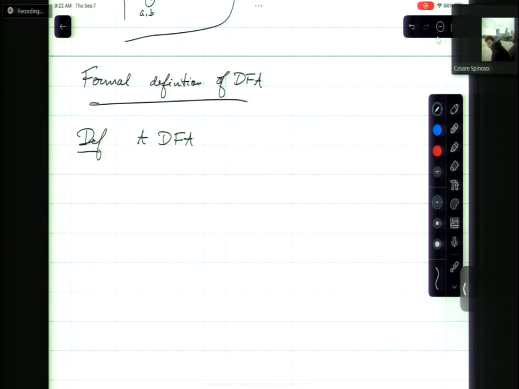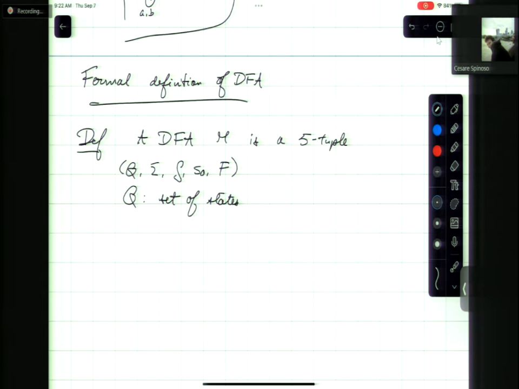A DFA M is a 5-tuple where the elements of that tuple are Q, sigma, delta, S0, and F, where Q is the set of states of the machine.